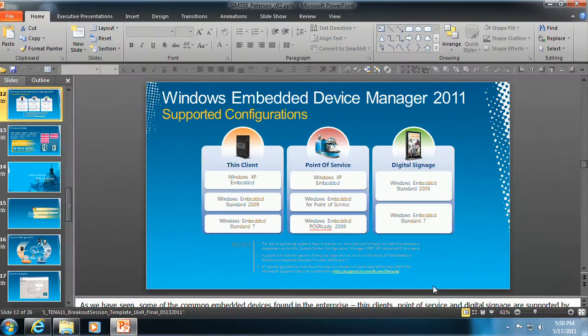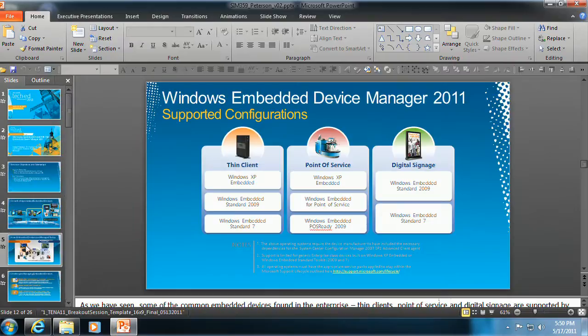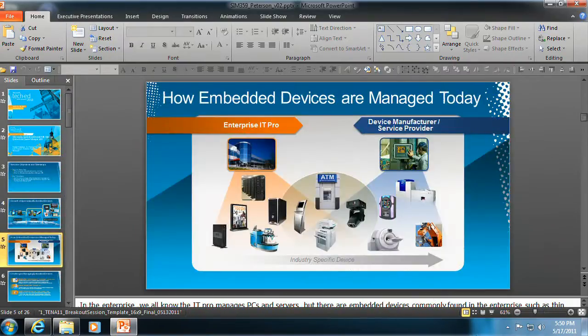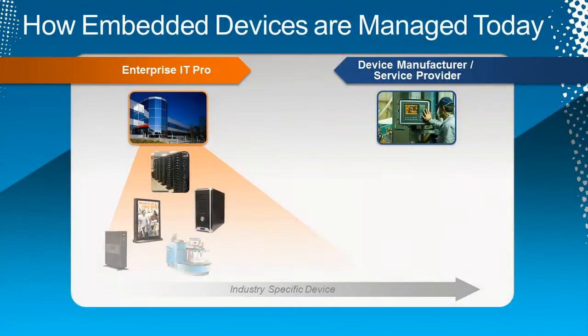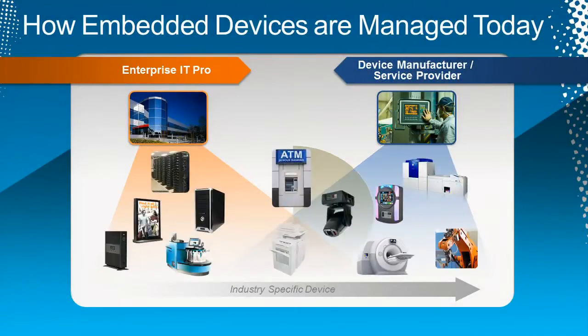But just to kind of go through why did we come up to this scenario was really, as we explained earlier, what we were trying to do is understand of the users of System Center right now, there's a huge number of enterprises that are using it right now, and they have a lot of embedded devices they want to manage.